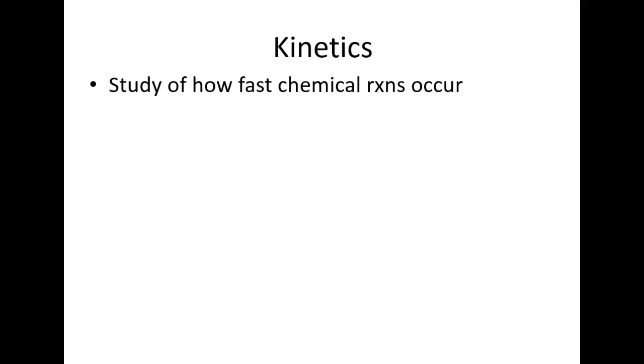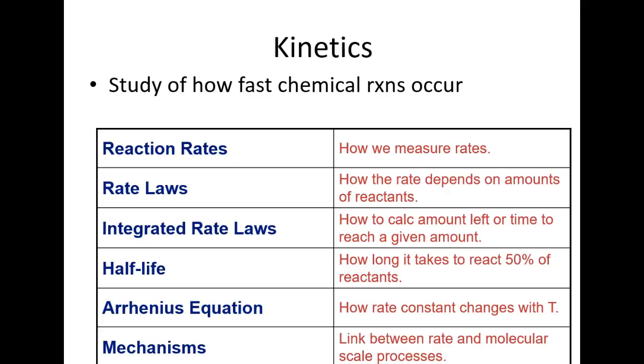Here's an overview of this chapter. Today we'll start with what a reaction rate is and how you measure how fast a reaction is occurring. We'll also learn to write rate laws that show us how the rate depends on amounts or concentrations of reactants.